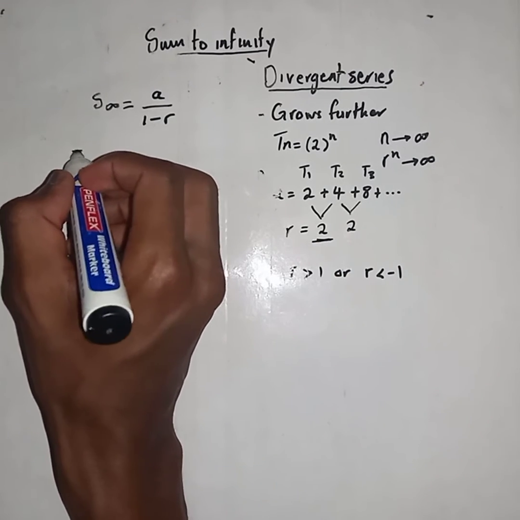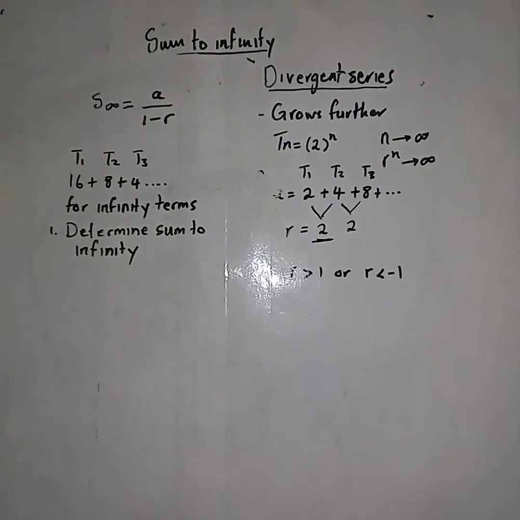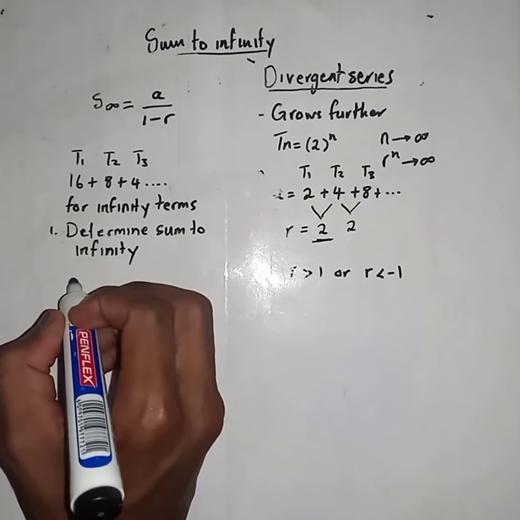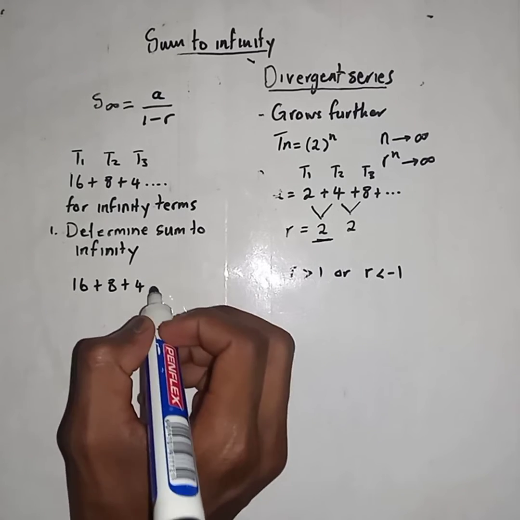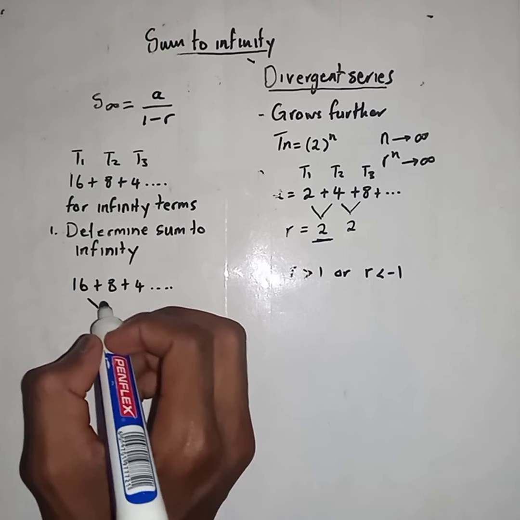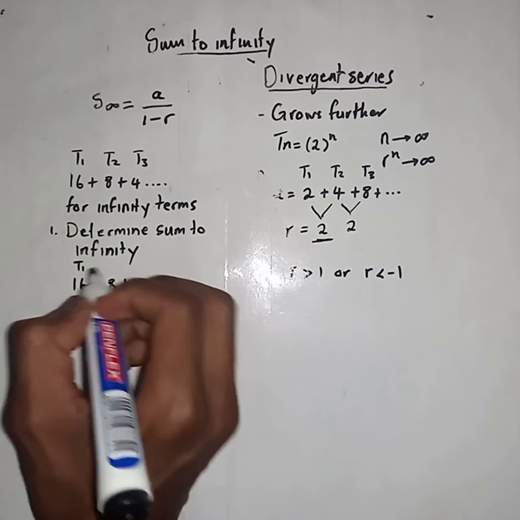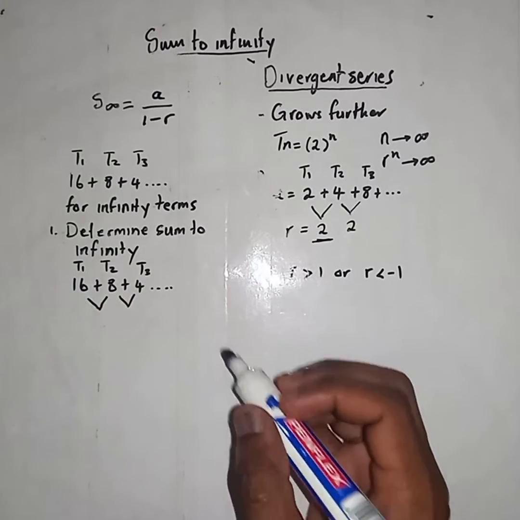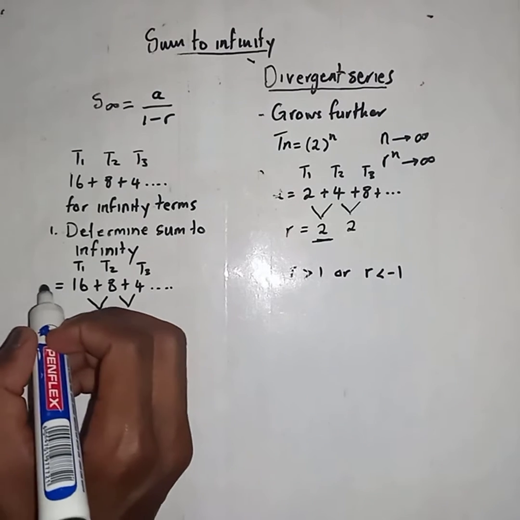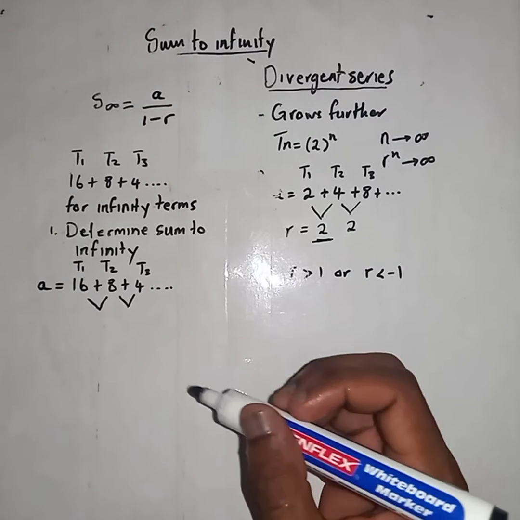We know that this is our term 1, term 2, also term 3. What we are going to do now is consider those terms and try to figure out the value of r, because we already know the value of a, which is 16. It's so simple, isn't it?